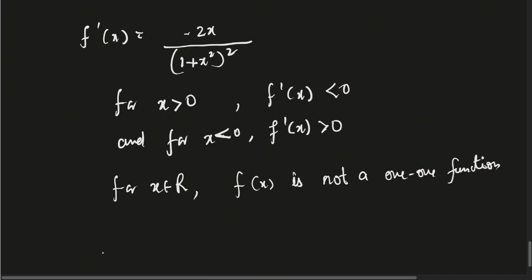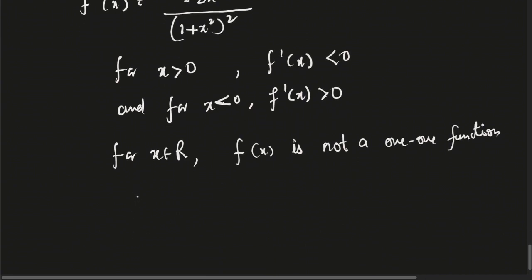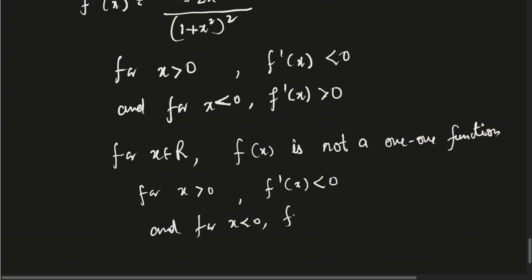But if we consider it piecewise, for x greater than 0, f dash x is always less than 0, and for x less than 0, f dash x is always greater than 0.